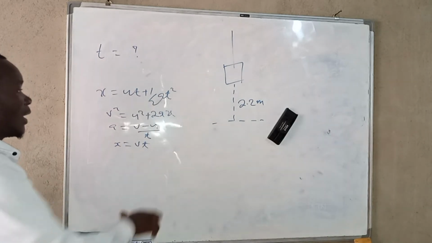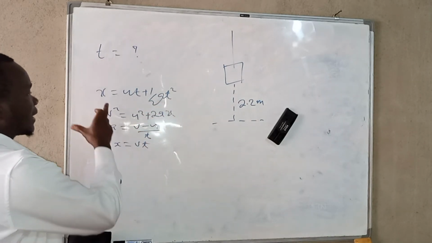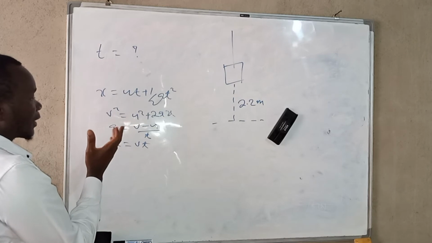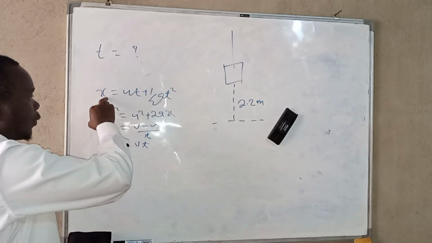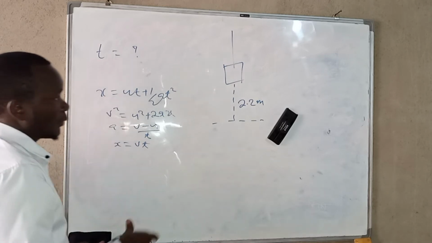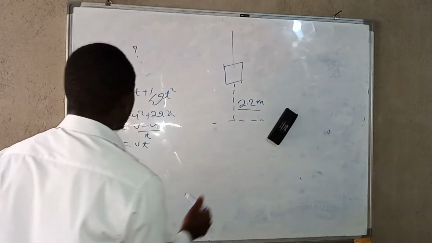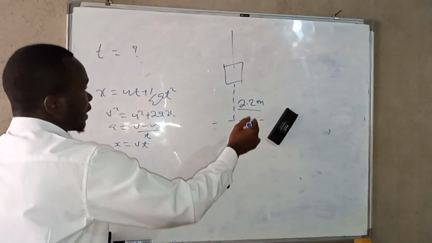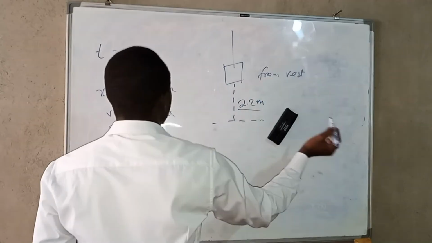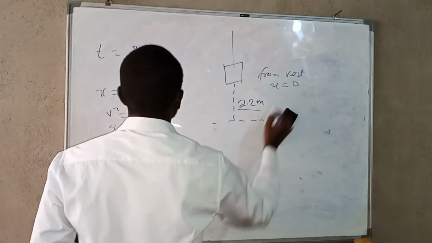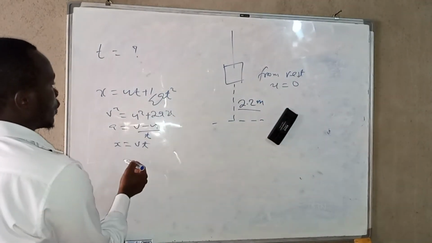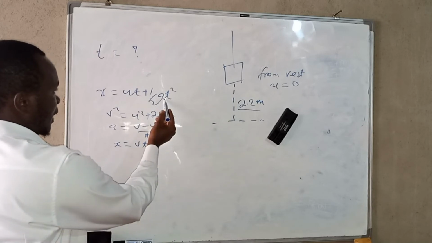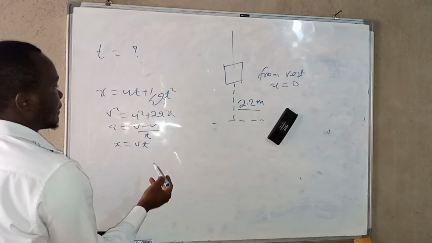Now, since we want to find t, in this equation we have x, which is this one. We have u, since we are told it is coming from rest, so initial velocity is equal to 0. We have a, yes, we have found the value of a.